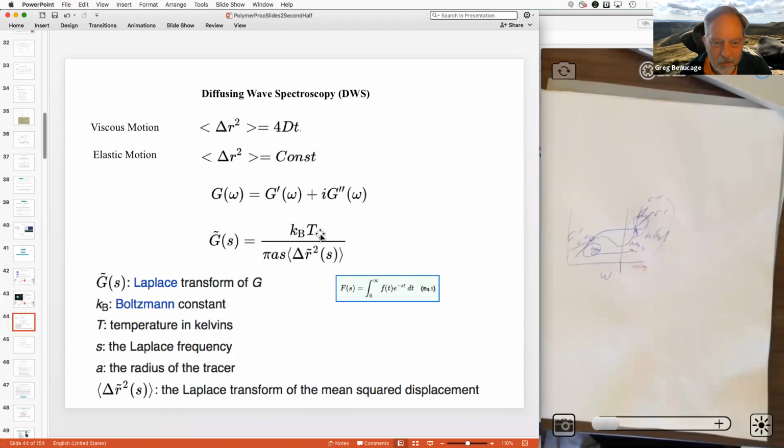And the mean square displacement, say, if it's Brownian motion, is going to follow t, and if it's stuck, like purely elastic, it's going to be a constant. So you can break apart this G of s into G prime, G double prime, because you're probing different frequencies in this, right? So you kind of see this. We saw with the dynamic light scattering that we were looking across frequency, wherever that is.